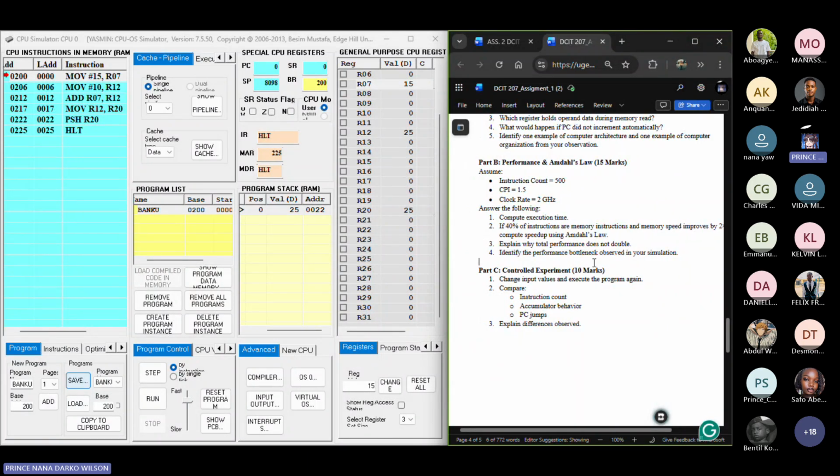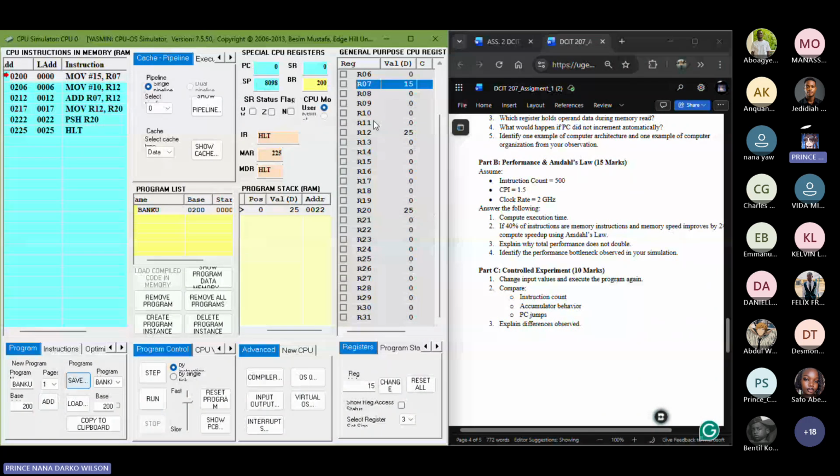Identify the performance bottleneck observed in your simulation. There is only one bottleneck inside the central processing unit operating system simulator, and it cannot be observed with your eyes, but the knowledge in your mind can tell you that. We are aware that the CPU works very fast, right? Due to how fast the CPU works, at every single time it has to fetch, decode, execute, fetch, decode, execute for every single line of code and instruction. For this reason, it has to be able to access memory space very fast and retrieve data.